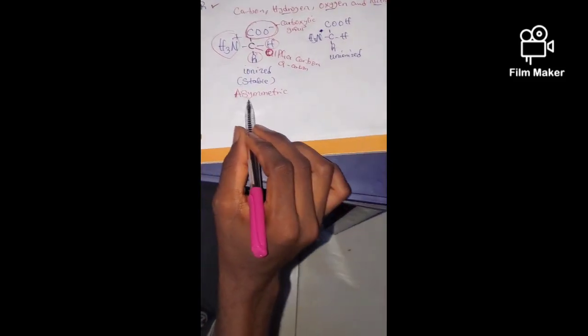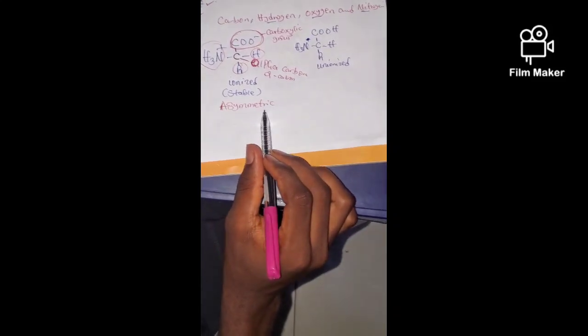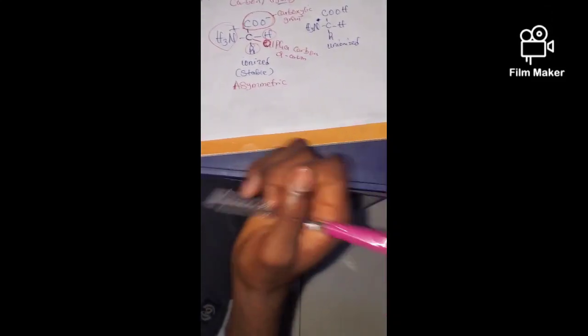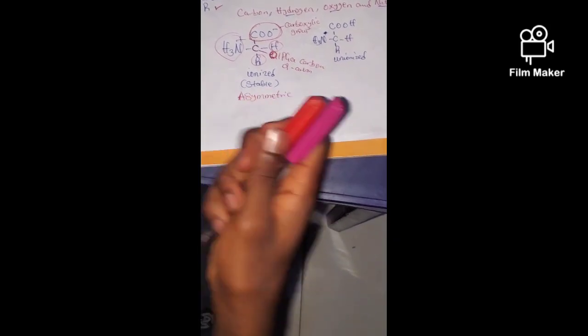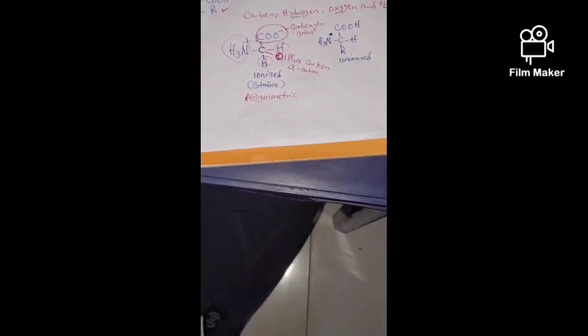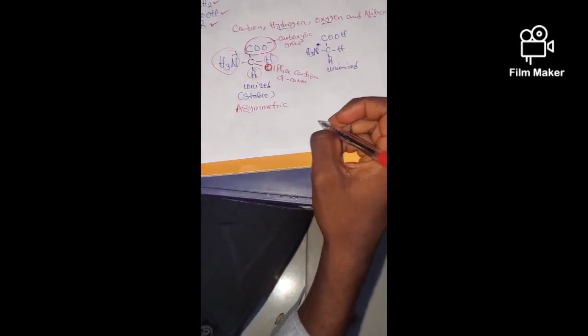Most of the amino acids are asymmetric in nature except for glycine. So the asymmetric property is not visible in glycine because of the structure of glycine. We have a similar constituent attached to the alpha carbon, so in glycine we have what we call symmetric properties.